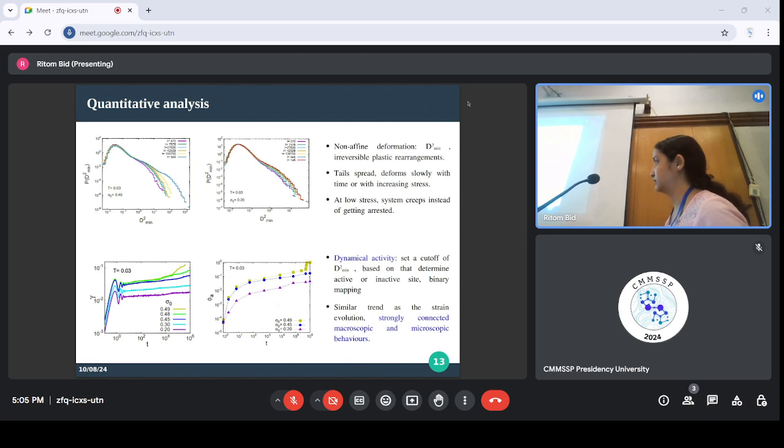So the number of active sites also increases, not only their amplitudes, and it follows a similar trend as the macroscopic strain behavior. So from that we can say that the macroscopic behavior is strongly connected to the microscopic behavior.